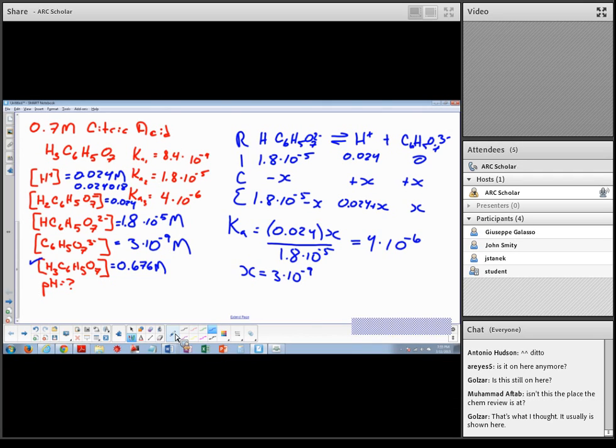Okay, and so what's my pH of the solution? Like 2 or 3 or something like that. Negative log 0.024. 1.6.